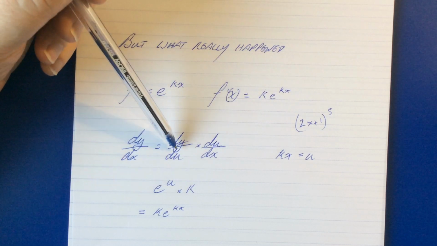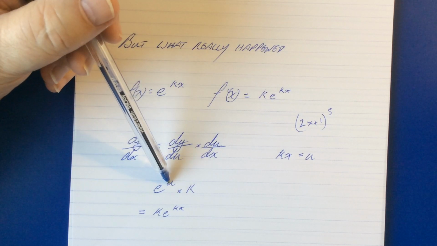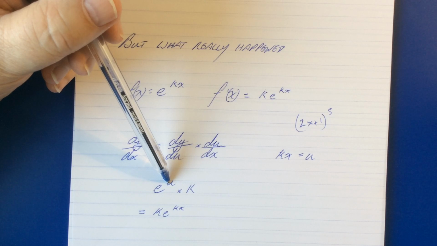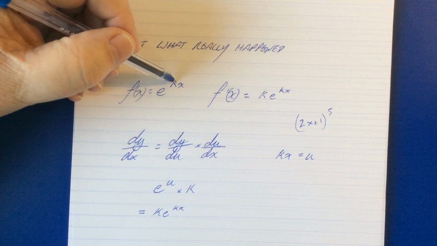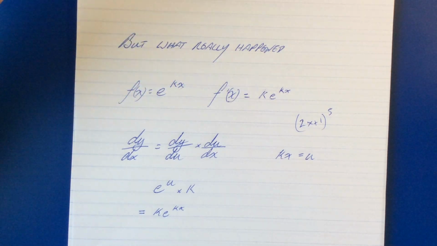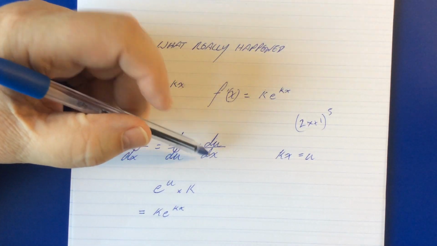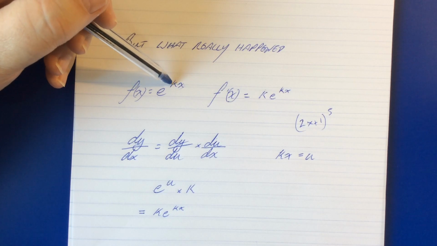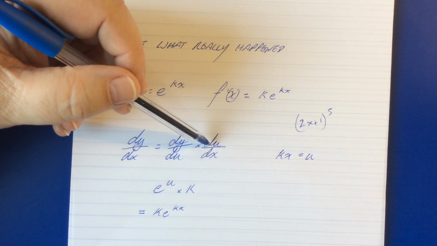Okay, so what we wind up with is e to the u times k. The differential of u is k. Du dx in this case is k. If this were 2x, the differential would be 2.